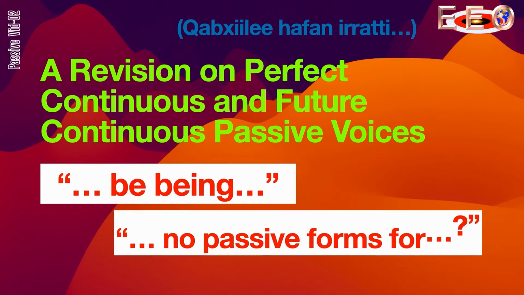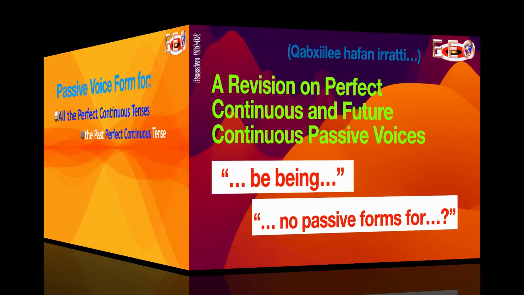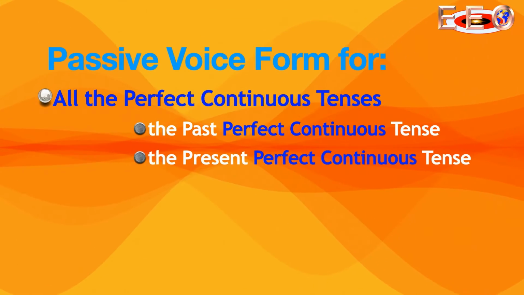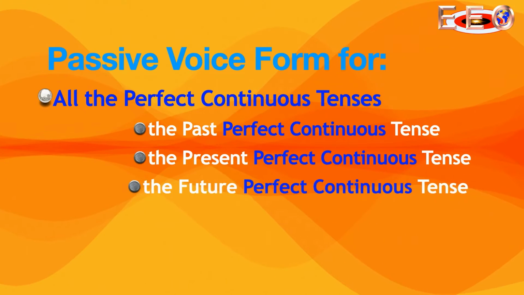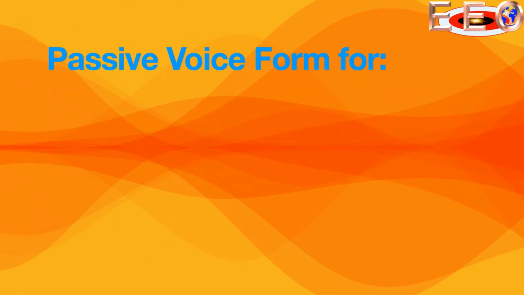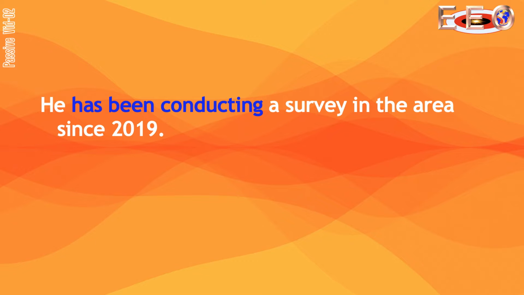Our main point is to go to the perfect continuous tenses and the future continuous tenses to construct their passive form. So let us take the present perfect continuous tense. He has been conducting a survey in the area since 2019. This is a present perfect continuous tense.